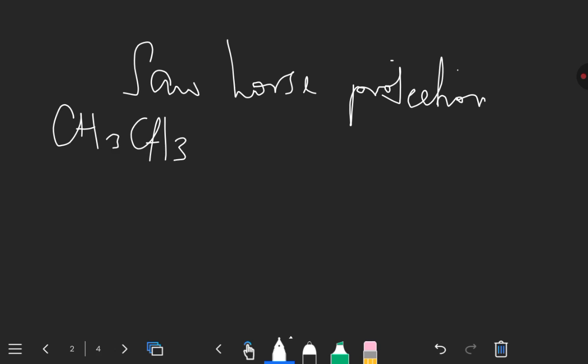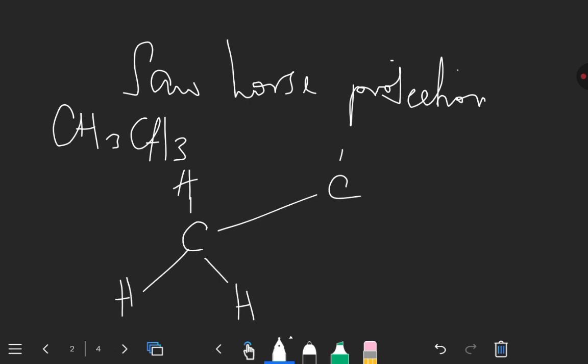To draw a Sawhorse projection, just draw the carbon, then put a slanting line like that. Then on top here we attach a hydrogen, then the hydrogen, then the hydrogen. We do the same on this side. So we attach a hydrogen, hydrogen, hydrogen. So this is how you come up with a Sawhorse projection.